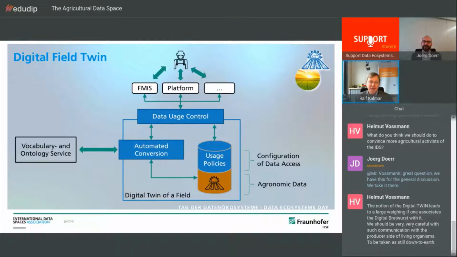Yeah, so maybe just one final comment on why I picked the digital field twin here. We already have digital twins for machines, more or less established in one way or another, and also for animals, it's quite easy to understand. For the field, where we have a very large variety, nobody has really defined this, what we call Ackerschlag-Kartei in German, but we want to be more than such an Ackerschlag-Kartei.